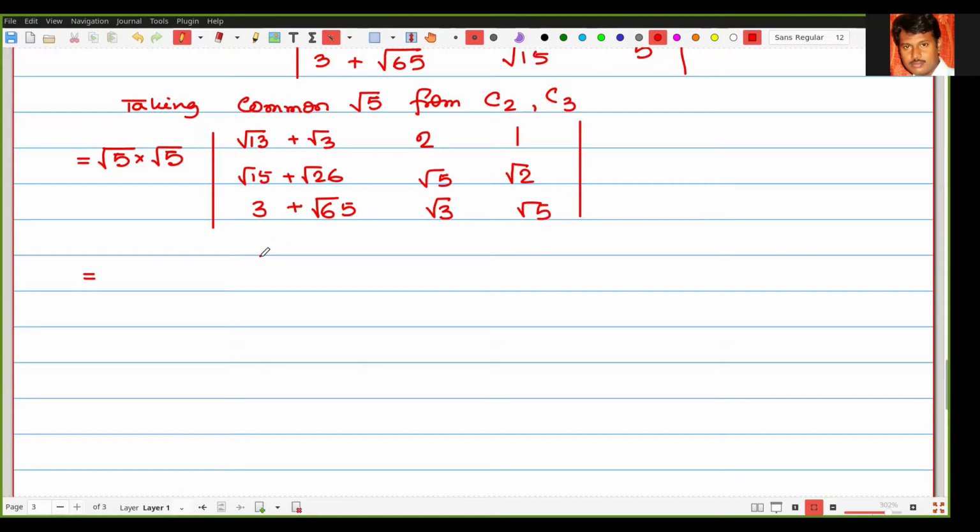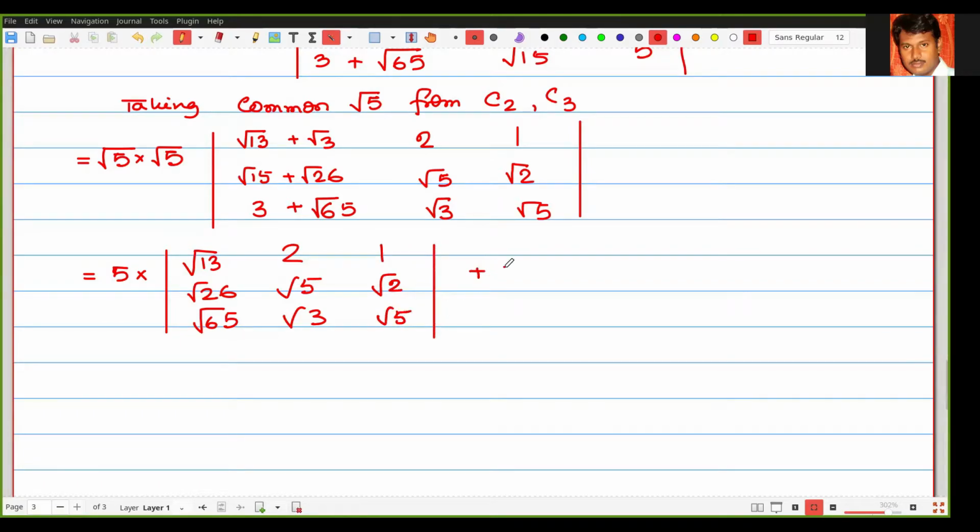So here we can write 5 cross the first column decomposition, like square root of 13, square root of 65, 2 square root of 5, square root of 3, 1, square root of 2, square root of 5, plus 5 into square root of 3, square root of 15, and 3. So 2 root 5, root 3, 1, root 2, root 5.